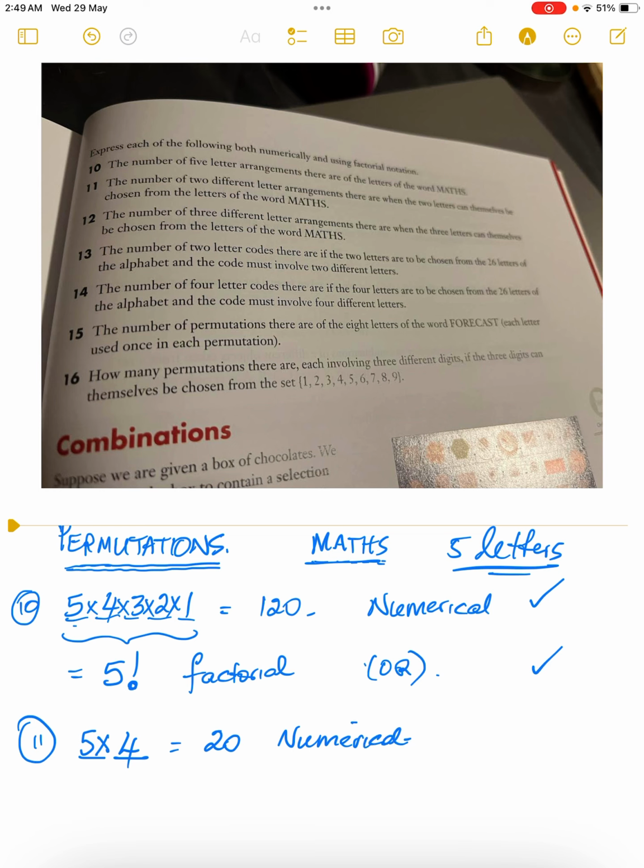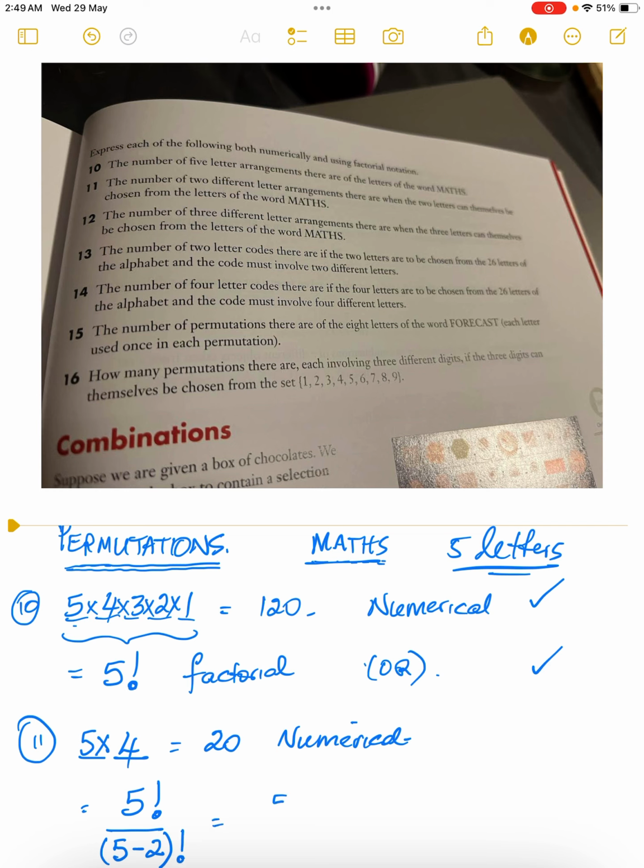And here, if you want the factorial, if you had 5 factorial, that would be all the way down to 1. But we only want the first 2, so the remaining 3 are cancelling out.